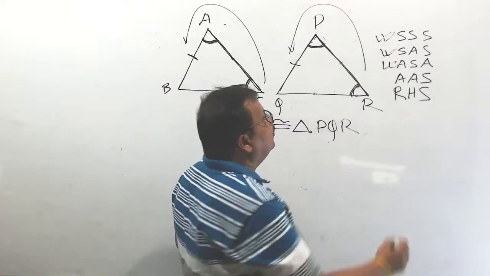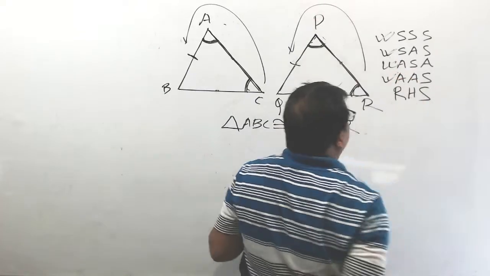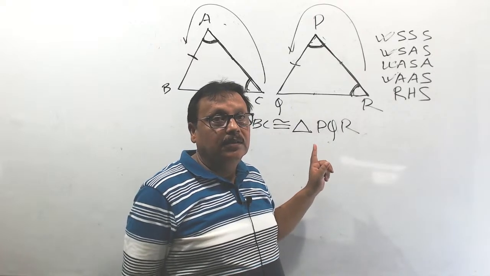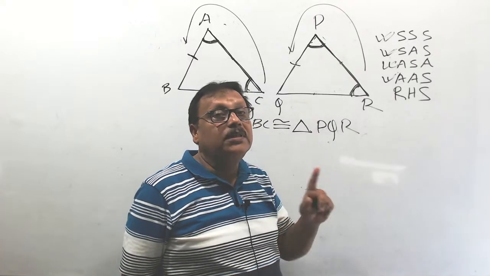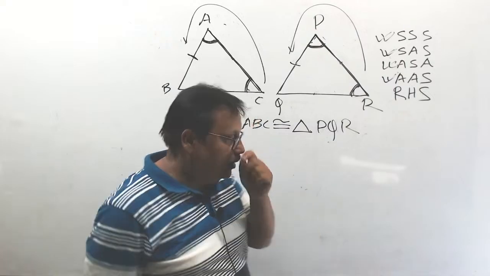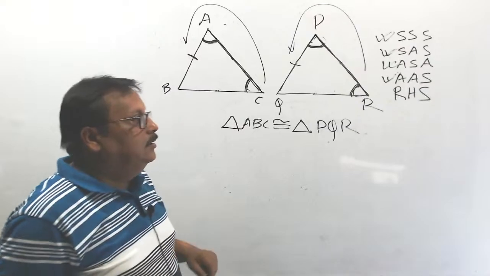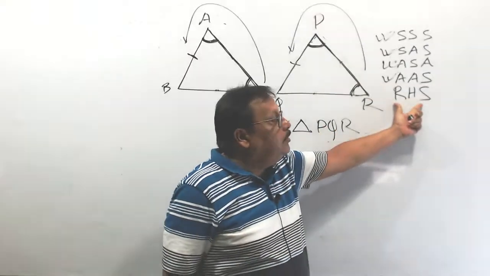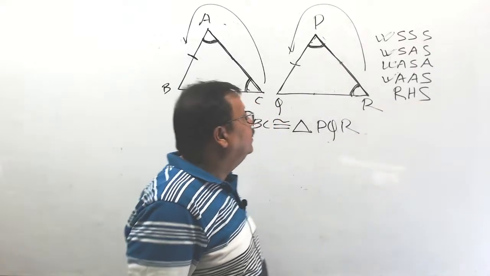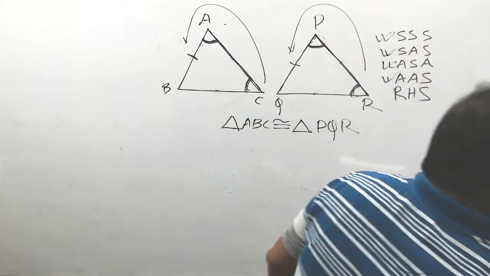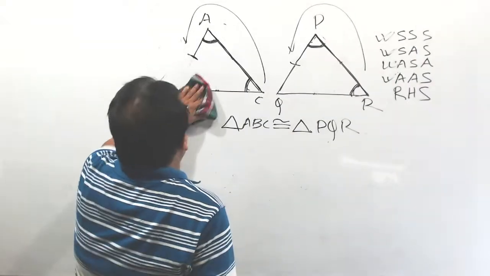Okay, the last one is RHS. RHS, of course, will be for which triangle? The triangles which are right angled. Of course, only that. For those triangles, you can think about the RHS property. Okay, so let me draw two right-angled triangles first.